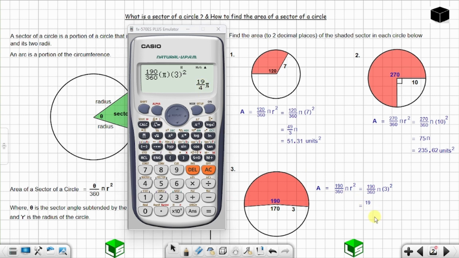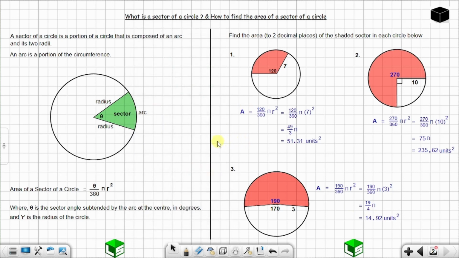To two decimal places, you have 14.92 square units. So this is how you can calculate the area of a sector of a circle.